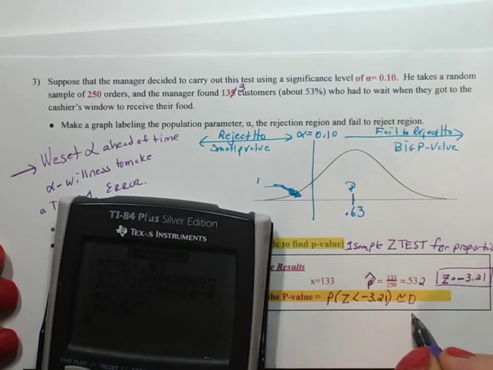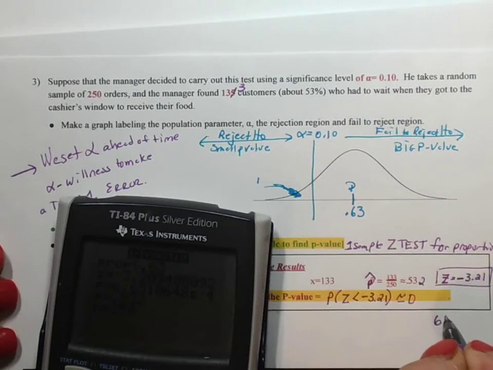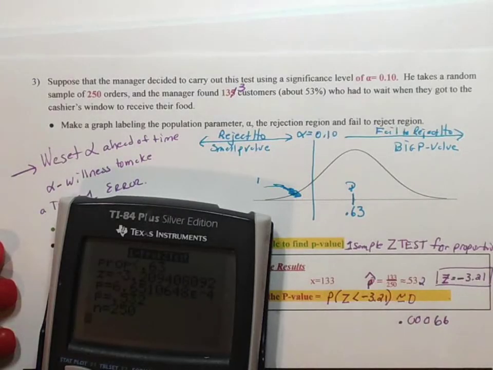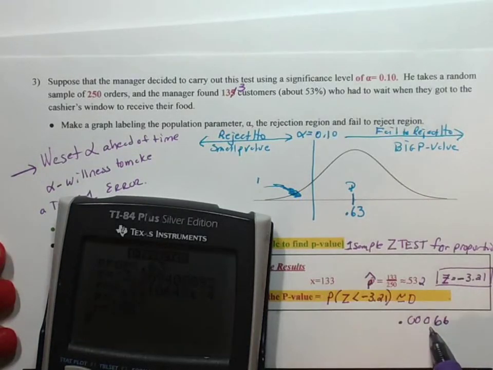But if you want to be specific, okay, it is going to be 6, 6, and we move the decimal place over 4 places. Okay, so here is our p-value.